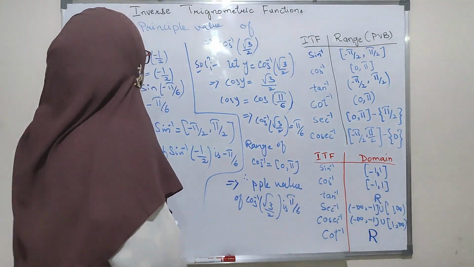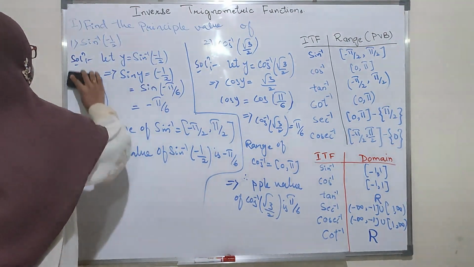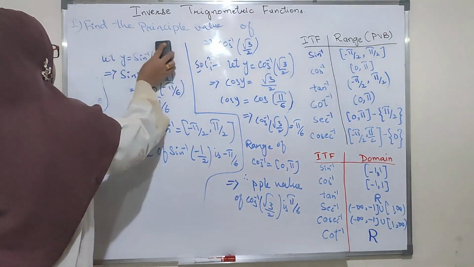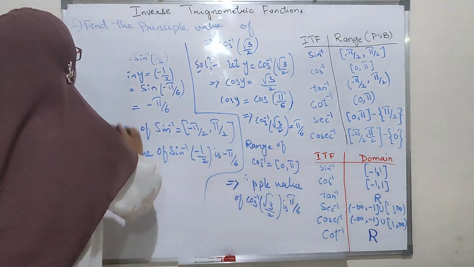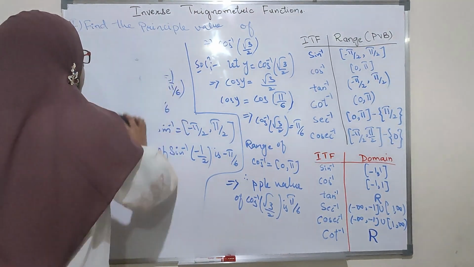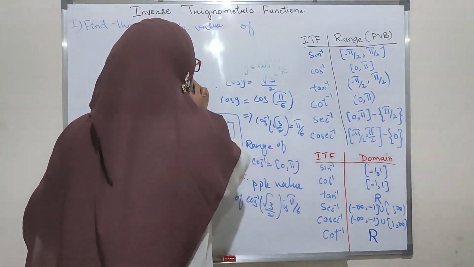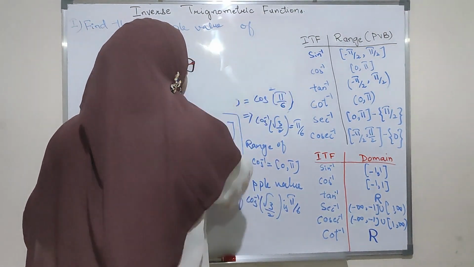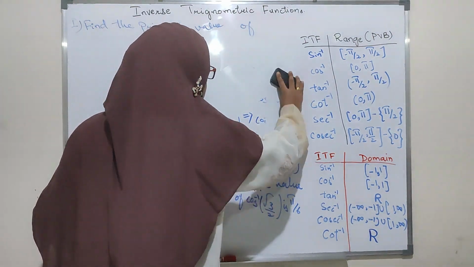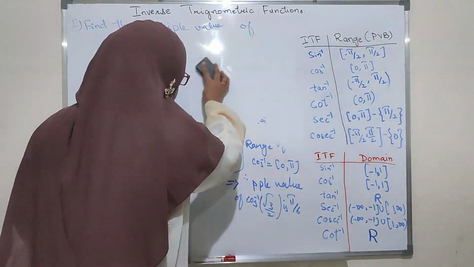Now write down another questions. To solve such types of questions, it is very important for you to remember the table values for all six trigonometric ratios and the principal value branches also. Then it will be easy for you.